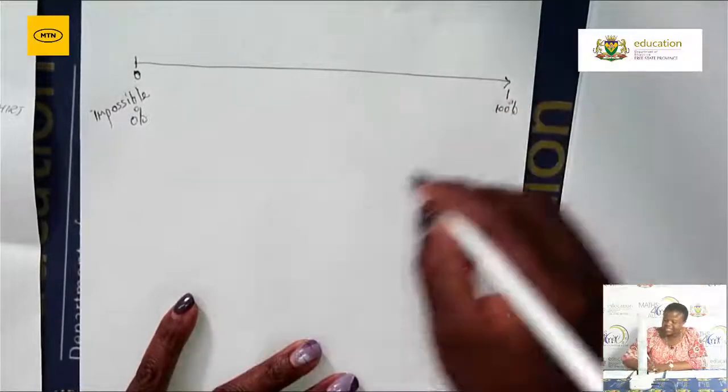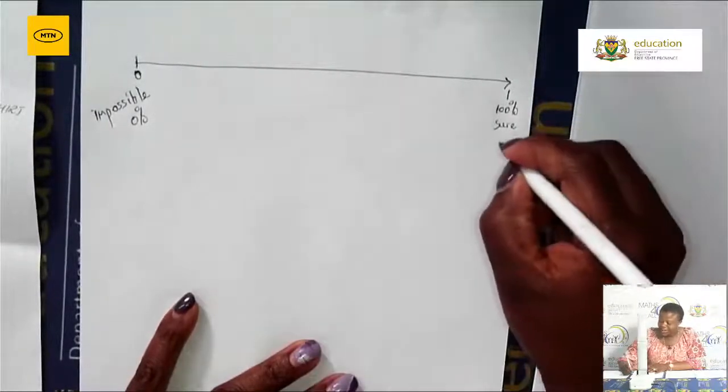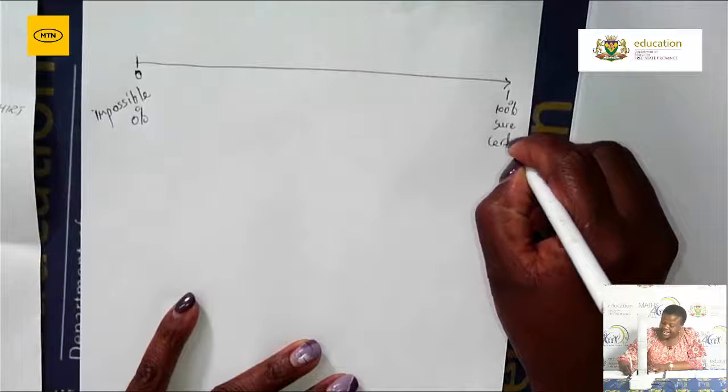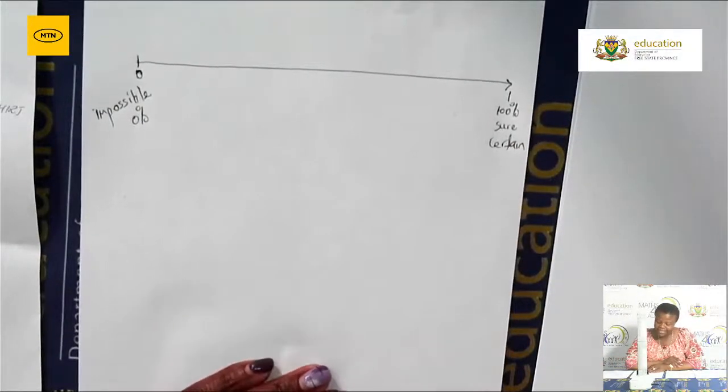Under 100%, we are sure that this is going to take place. We are certain that this is taking place. Like, for example, Meramukhet is at a studio presenting mathematical literacy. What are the chances? The chances are 100%. We are sure because currently I am presenting.